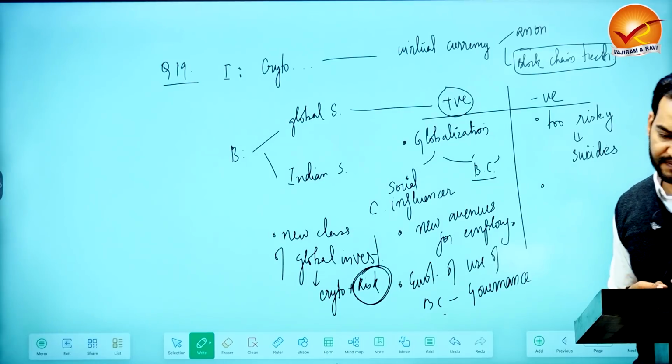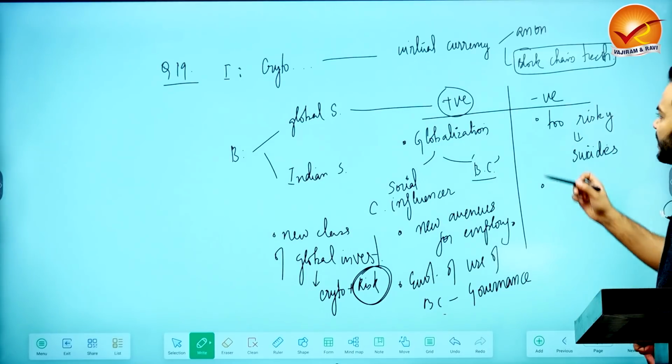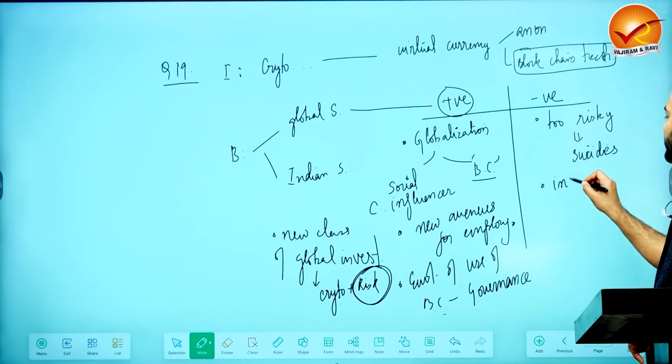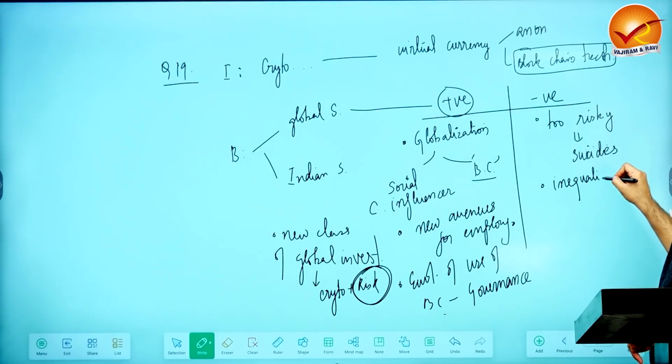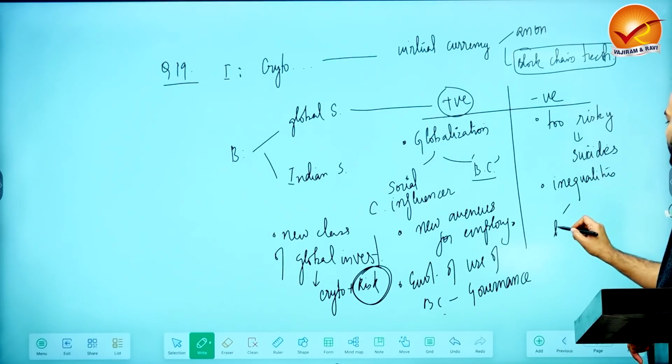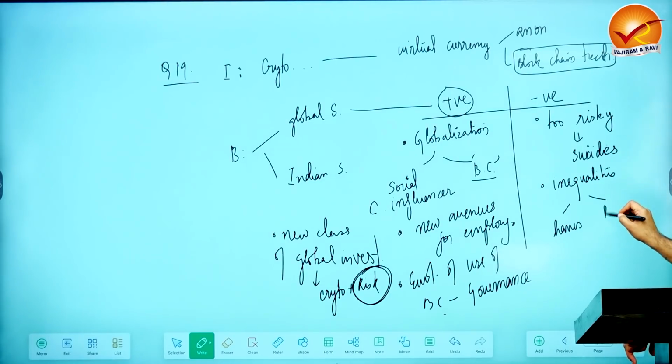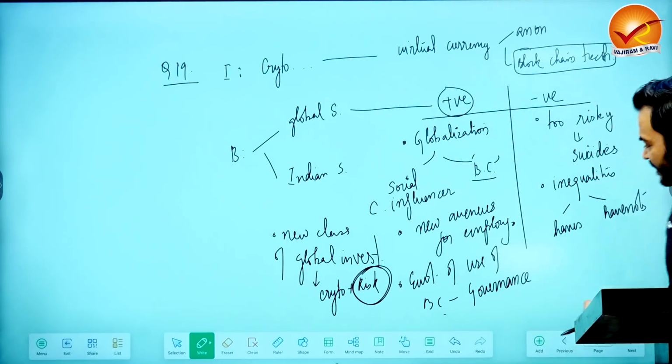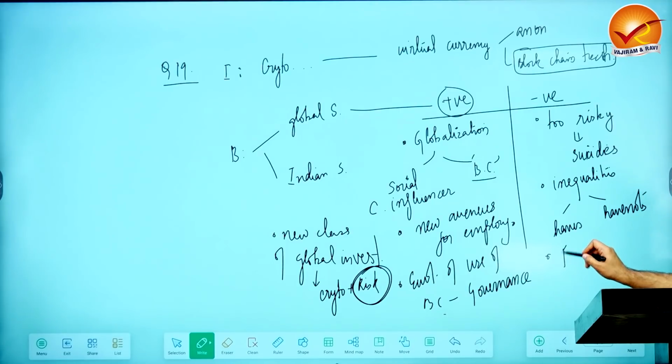Then second, the cryptocurrency market has created a lot of inequalities between crypto haves and crypto have-nots. Then third, it has led to an increase in global cyber crimes all over the world.